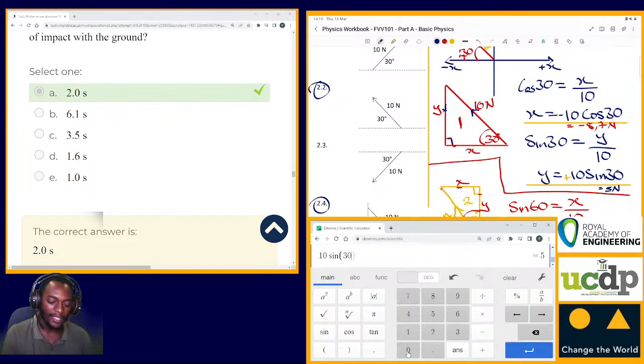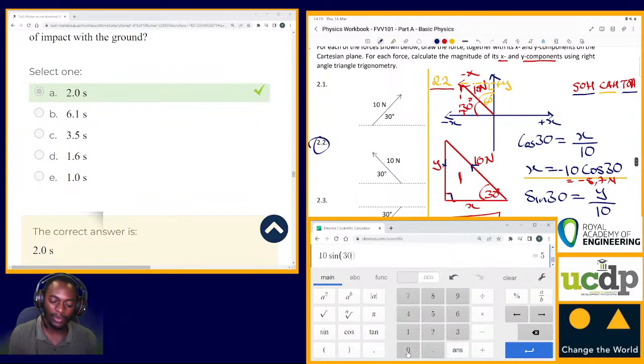Okay? In this case, it will be cos if we used the angle 30. But if the angle is 60, in triangle number 2, the one in yellow, we realize that resolving in the x will be sine. So it depends on the triangle and the angle that you are using.